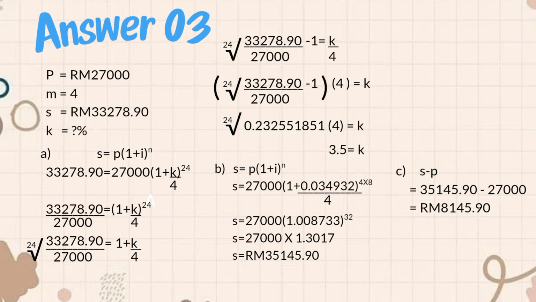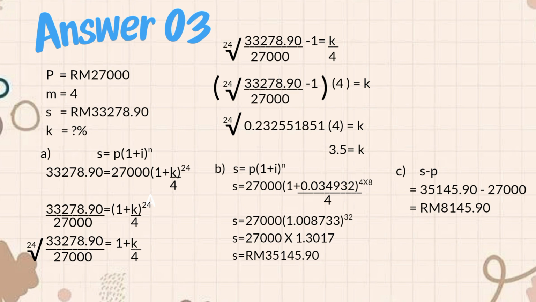So for A, we use the formula S equal to P (1 plus i) to the power of n. So 33,278.90 equal to 27,000 (1 plus K over 4) to the power of 24. So the answer is K equal to 3.5.